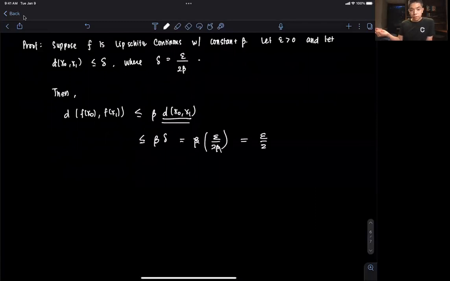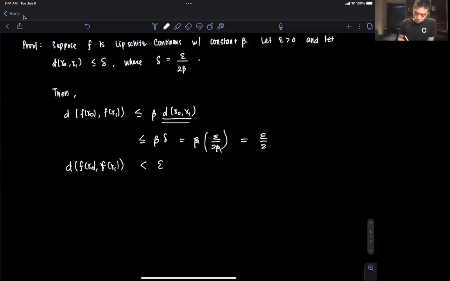Because that's epsilon over 2, we can conclude that this distance between f(x0) and f(x1) is less than epsilon over 2, which is a small number, and that's less than epsilon.